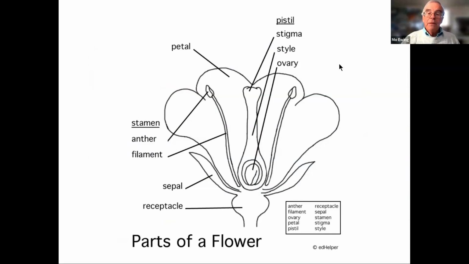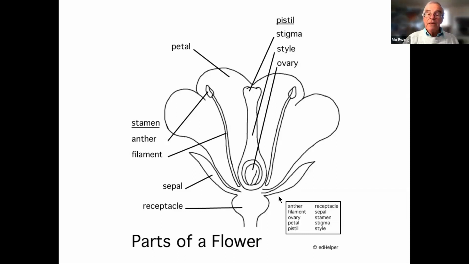Okay, so let's start off now on plant morphology. And basically, this is a pretty simple schematic. This is considered to be a perfect flower because it has the male and female parts on the same flower. So starting at the bottom, you have the receptacle, which is basically where the flower sits on the top of the stem. And then the next step up is our sepals.